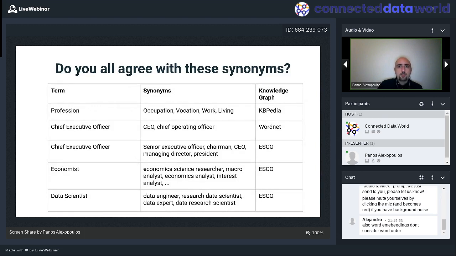However, the definition that ESCO has for synonyms is not the same as the definition that we have at Textkernel, for example, for synonyms for professions. So in that case, even though ESCO and the graph that we have at Textkernel seem very similar because they both have skills and they both have professions as concepts, they have really different criteria for defining synonymy, and therefore we cannot really reuse the ESCO graph as is, right? We really need to pick what we use from it.